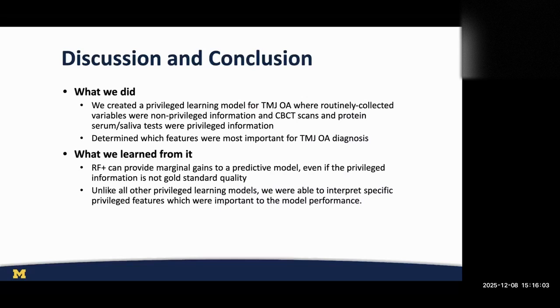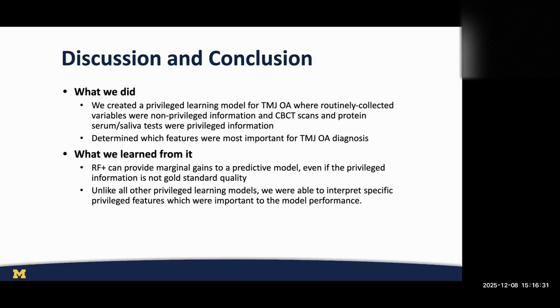So in conclusion, we created a privileged learning model for TMJ-OA, where routinely collected variables were considered non-privileged information, and the CBCT scans and protein serum and saliva tests were considered privileged information. We showed that random forest plus, this privileged learning model, can provide marginal gains to a predictive model, even if the privileged information is not of gold standard quality.